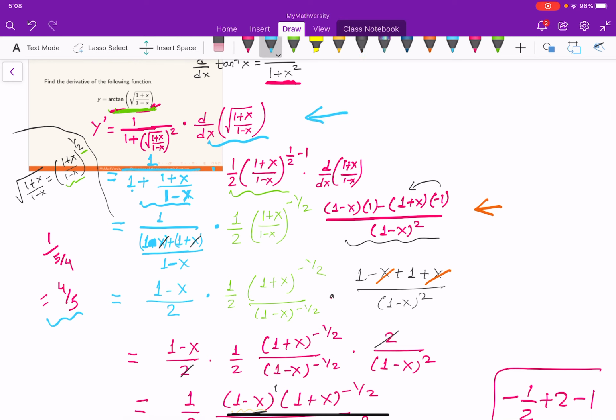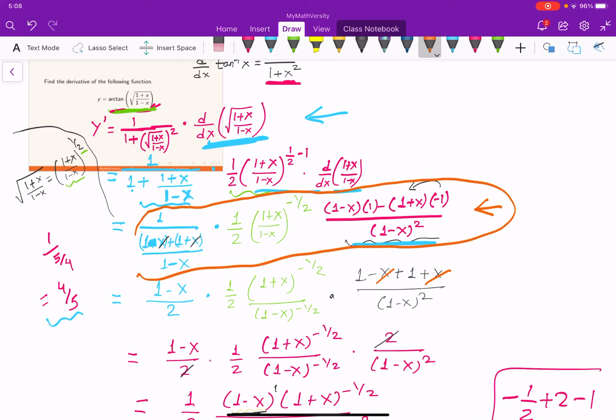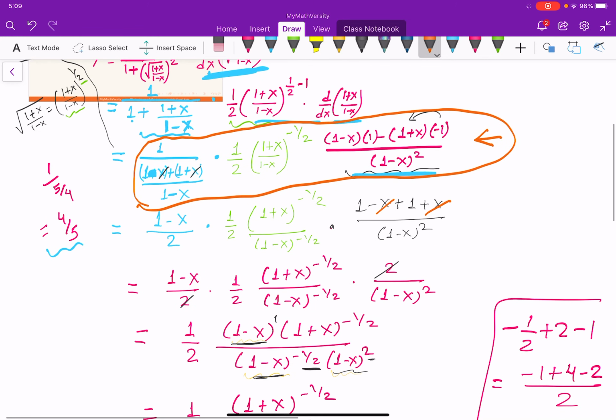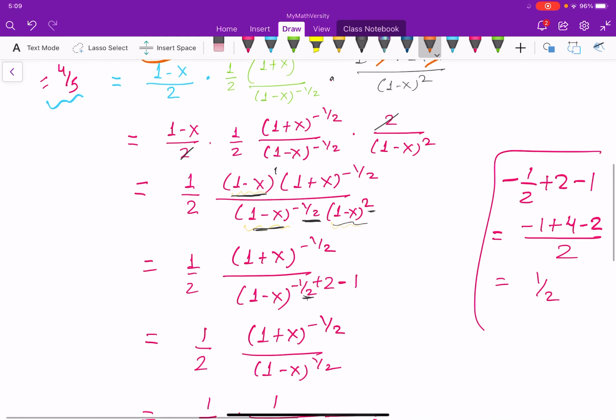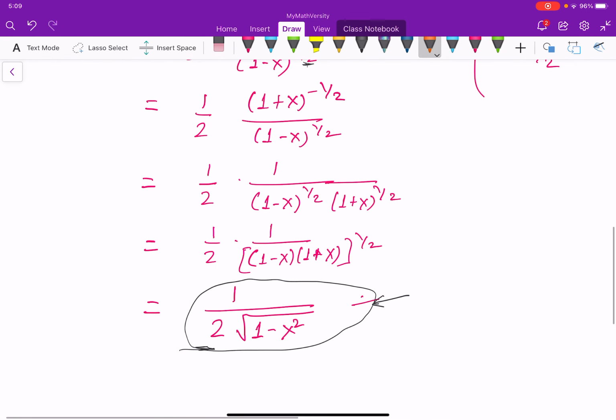To apply the chain rule, we needed to find the derivative of that, which we have done, and over here we still need to find the derivative of that, which is over here. So if you do not like this simplified form, but you are okay with this expression, that would actually be sufficient. But you know there is a lot of simplification we could do rather than writing down that lengthy expression. If you just write down 1 over 2 times the square root of 1 minus x square, that is much clearer, right?